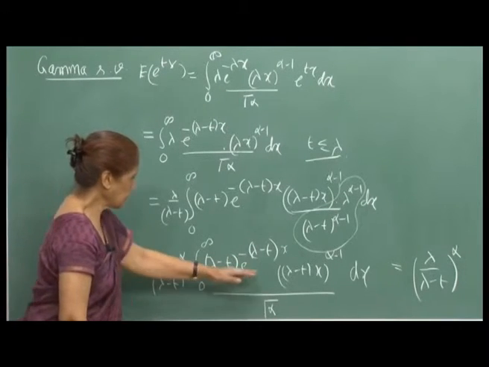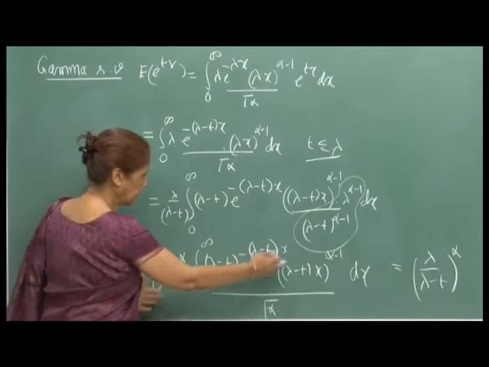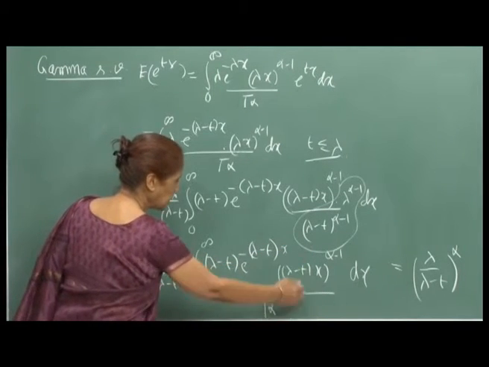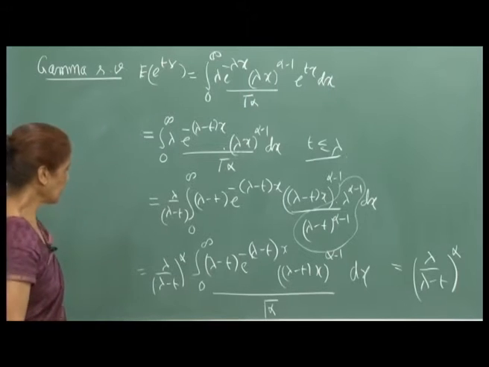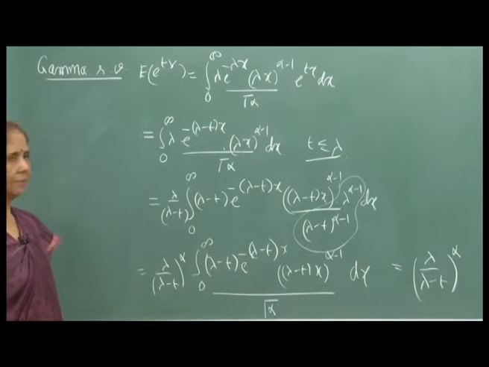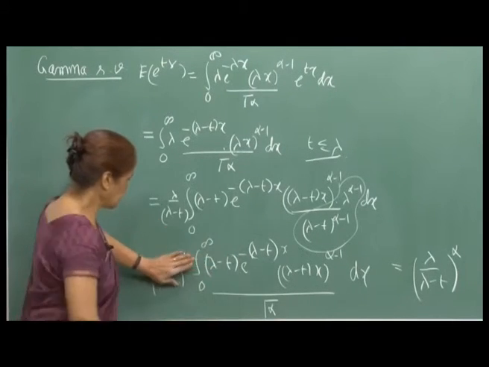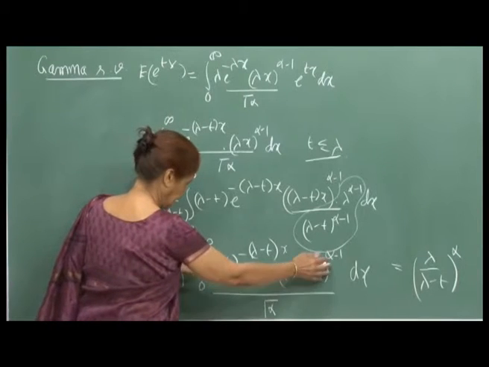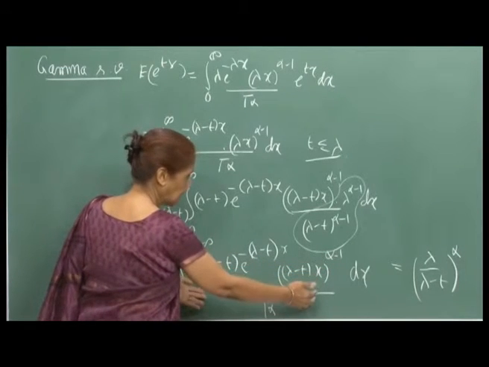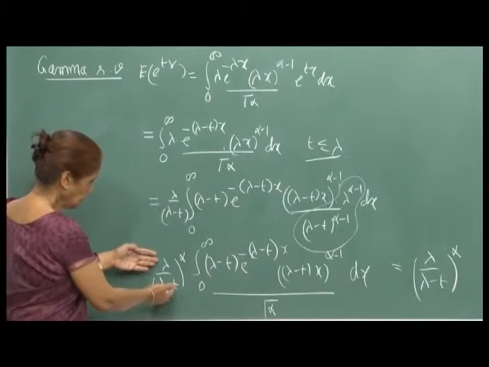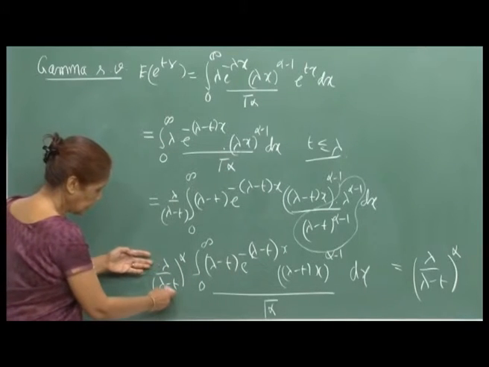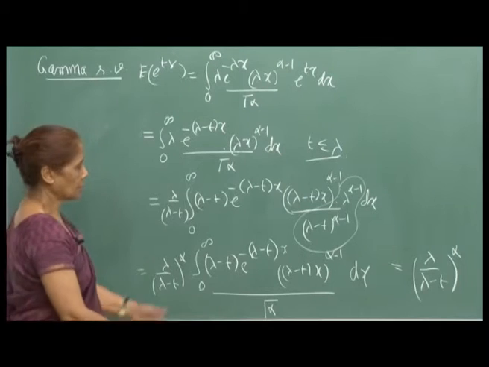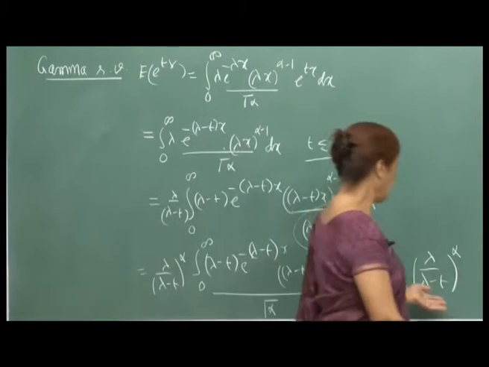But given a value of t, this will be the integral of the PDF of a gamma distribution with parameters lambda minus t and alpha. So this whole integral is equal to 1, and I am left with the term lambda upon lambda minus t raised to alpha, and so this is your MGF.